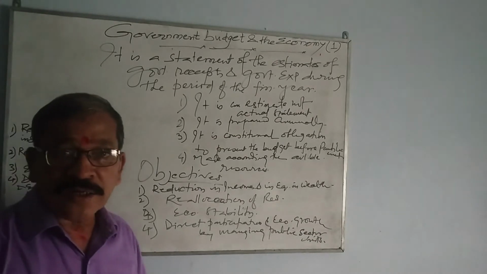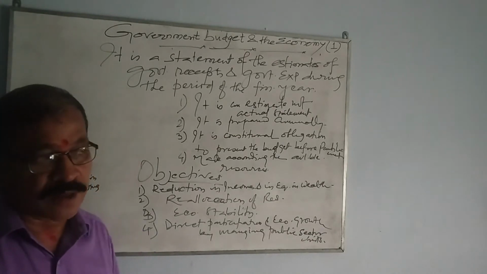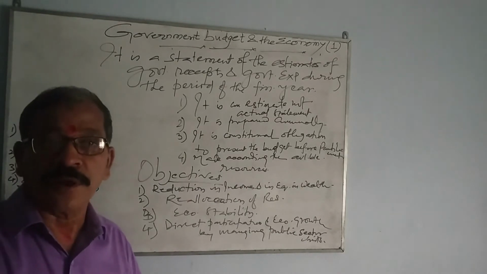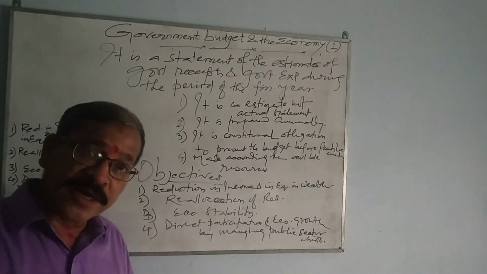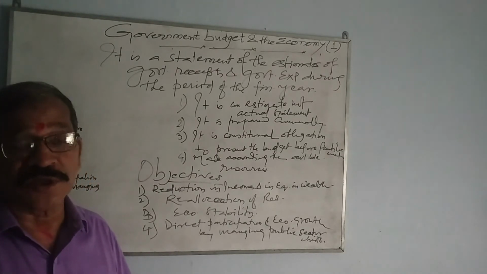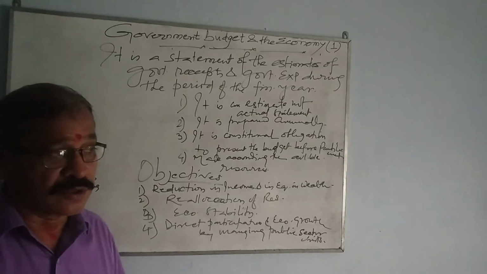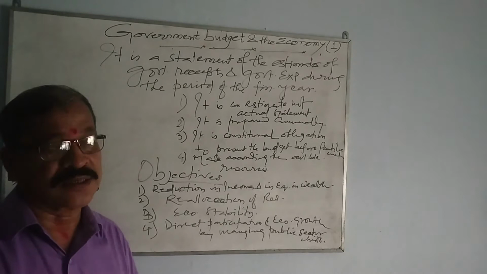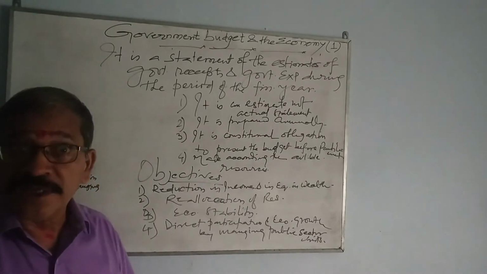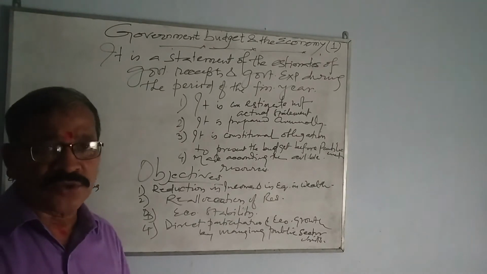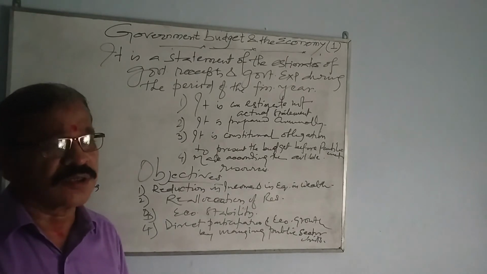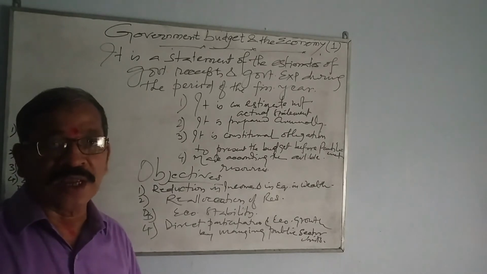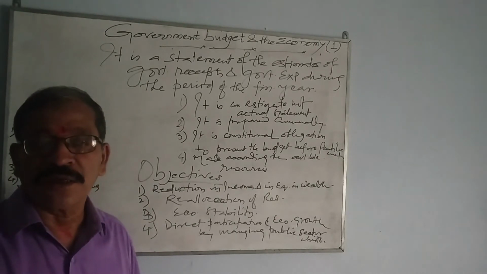In order to do that, they adopt some taxation policy. Higher taxes are imposed on rich people, and higher taxes are also imposed on the items which the rich people generally use, so that their personal disposable income gets less and subsidies are given to the poor. So adopting all this, the government tries to minimize or reduce the gap of income and wealth among the people of our country.